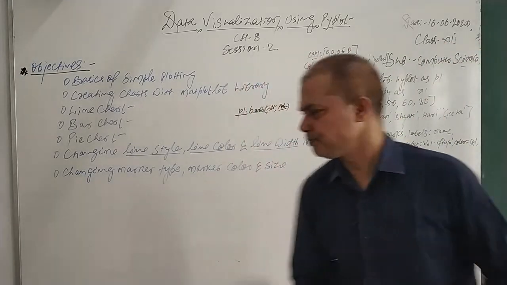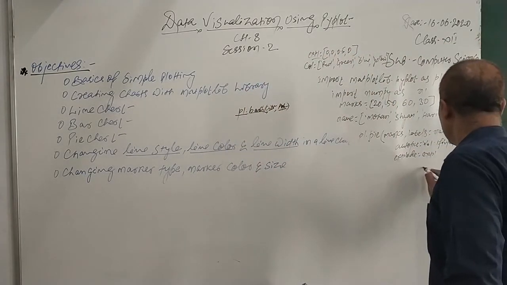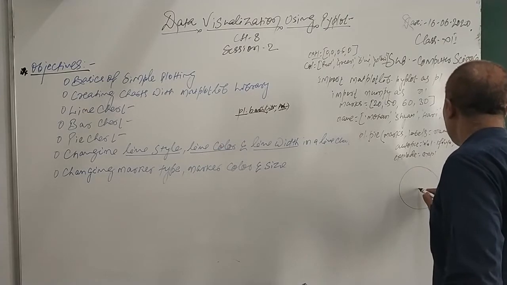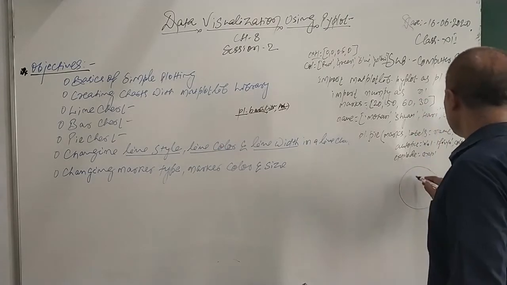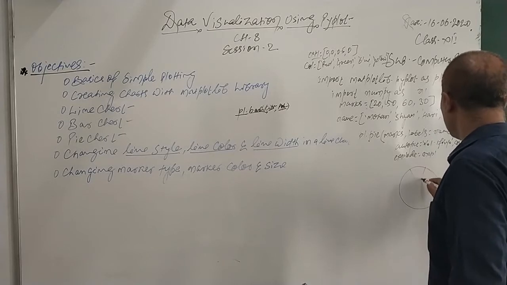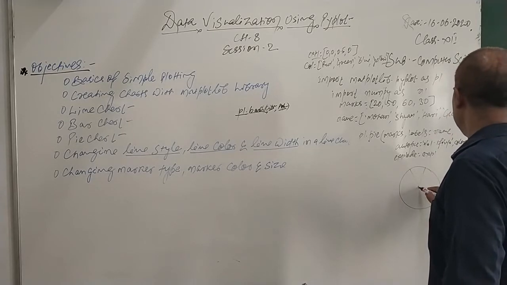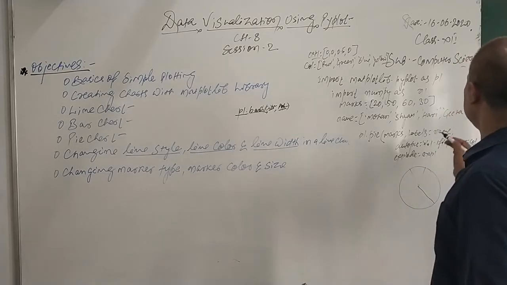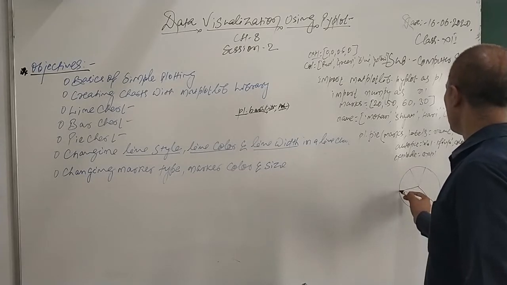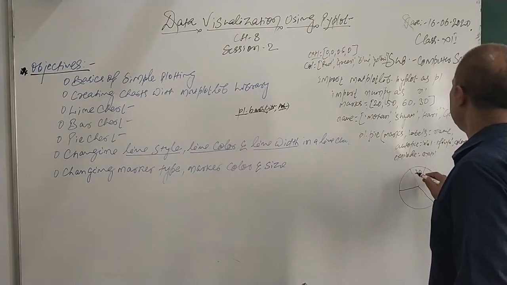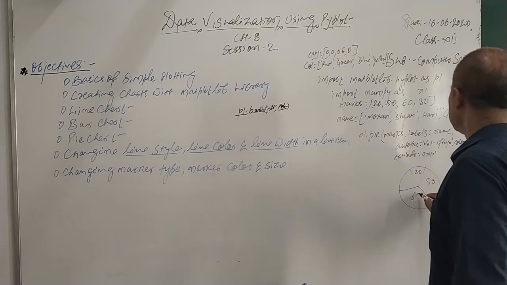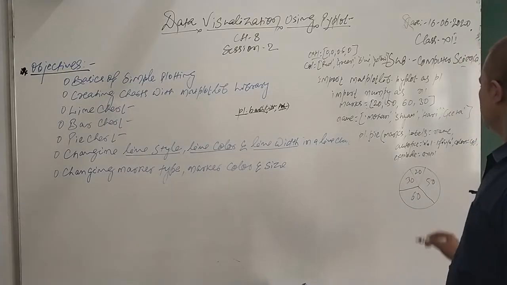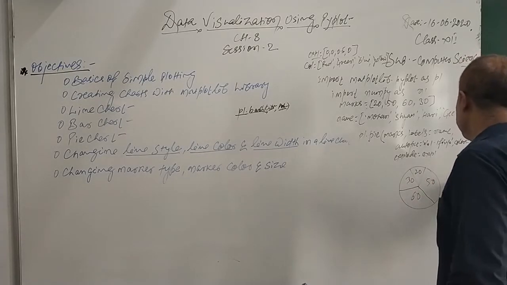So pie, as you all know, is in this form, and this is 20, then we have 50, so this is 50, and then we have 60, so this is 60, and that is 30. This is what the pie chart is.